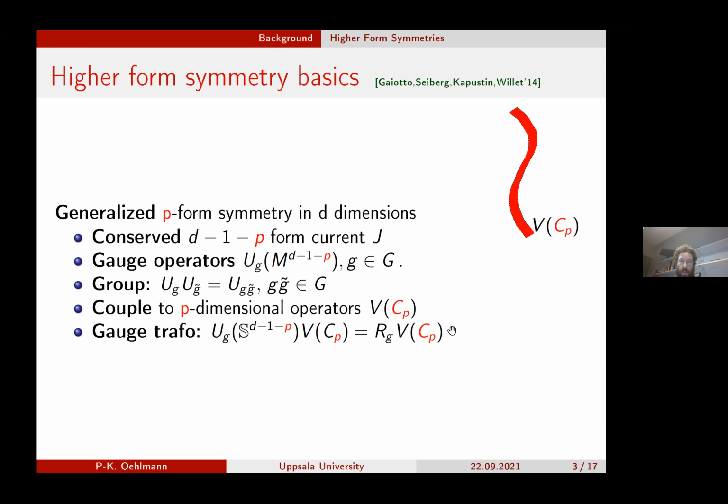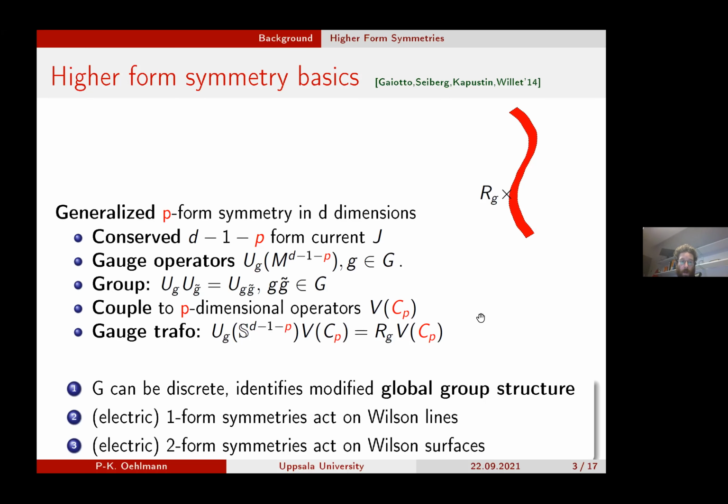And now I have some operators that are supported on p-dimensional subvarieties of my manifold, and I can do exactly the same. I surround these with my symmetry transformation, which is supported on a (d-p-1)-sphere that surrounds my p-dimensional object in d dimensions. If I pull it out and contract the sphere, I will get a phase. So that's essentially the story of the higher-form symmetries.